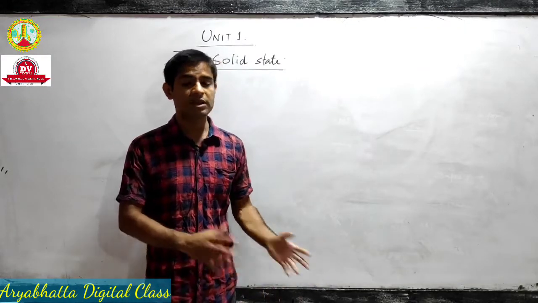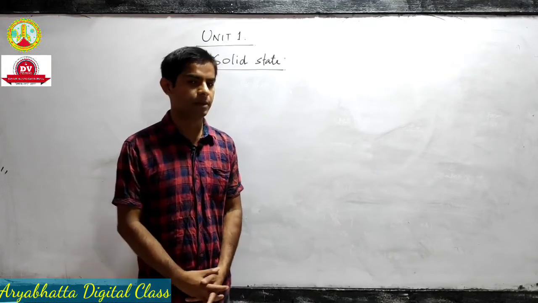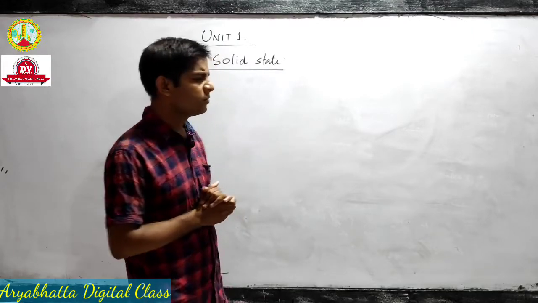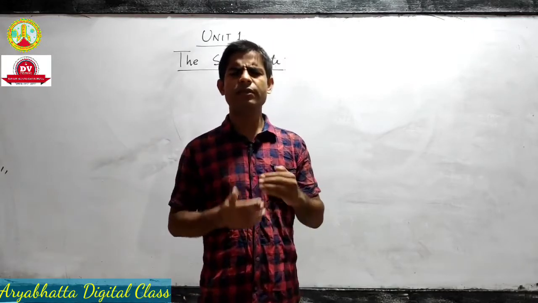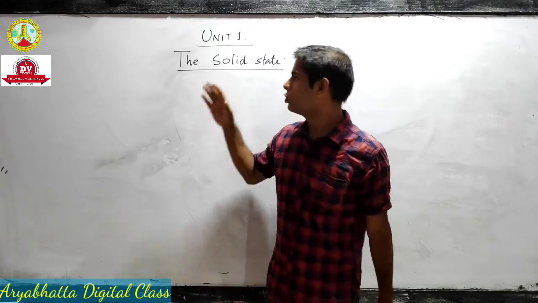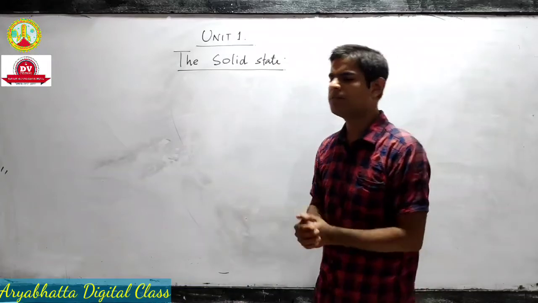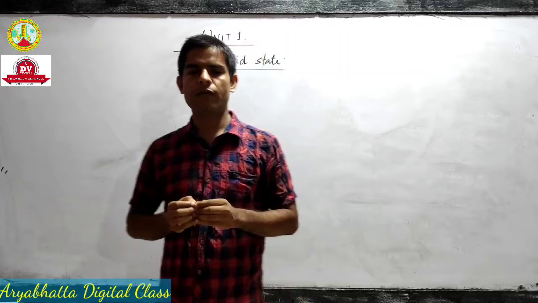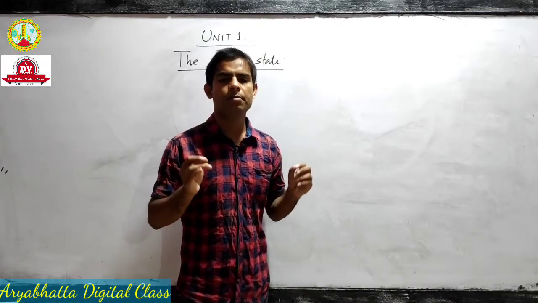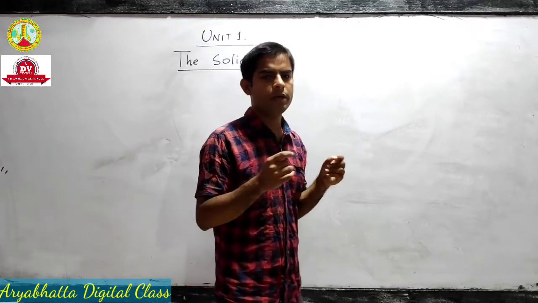You have seen this difference in class 9 and 10 also, that solids, liquids or gases, everything around us is constituted by small particles, and these particles are very, very small.